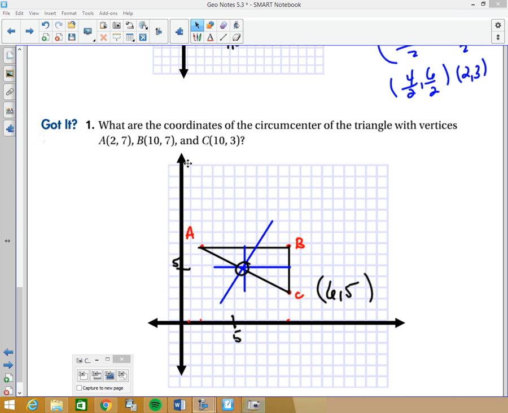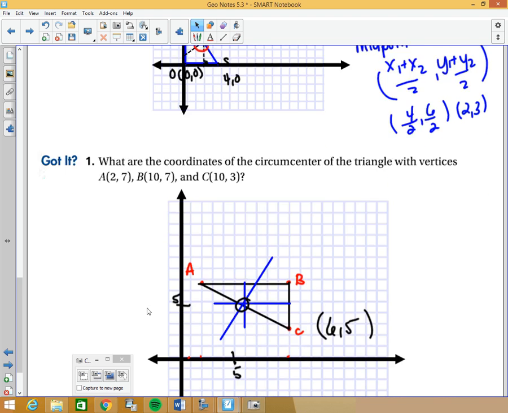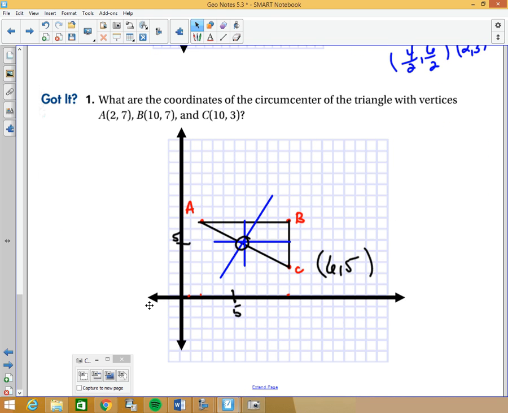Okay, so if you found the opposite slope for all of these in the midpoint, you would see that the circumcenter comes through at 6, 5. And the pattern you should notice here for both of them is that the circumcenter is going to occur at the midpoint.